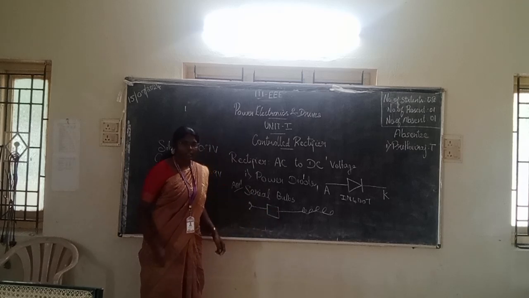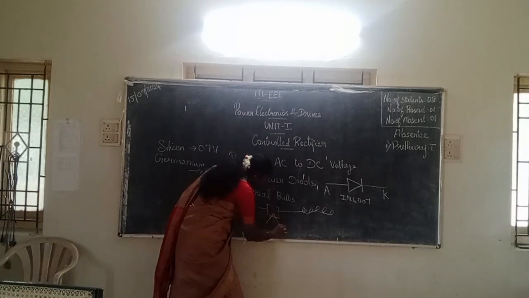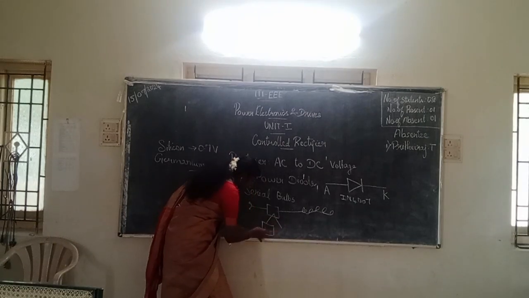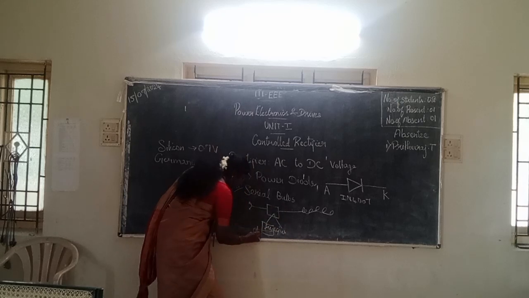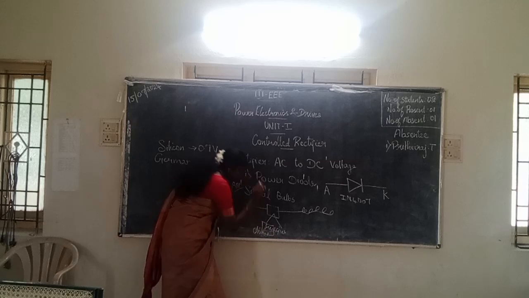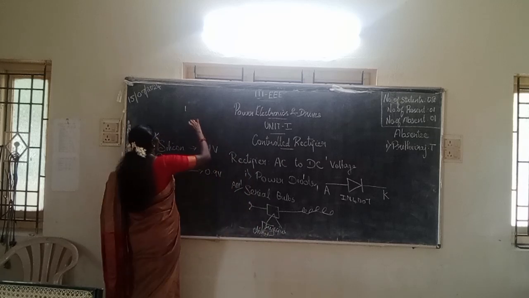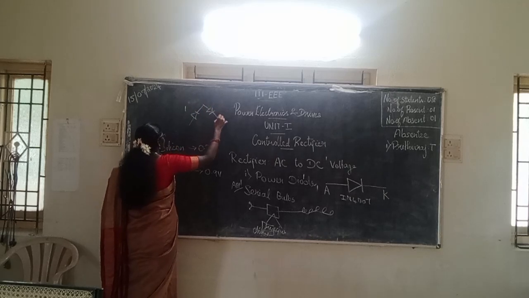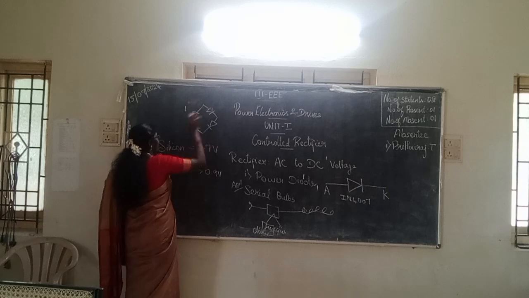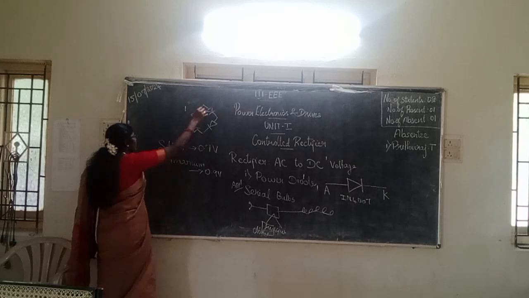Inside the box, you will see that the rectifier circuit will be there. The diodes are connected. If you notice, the diode will be connected like this.